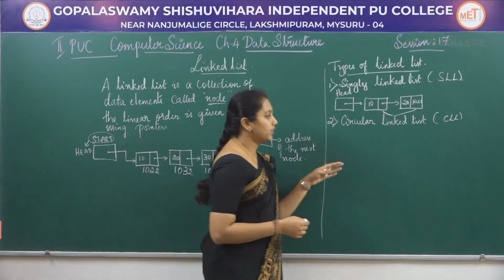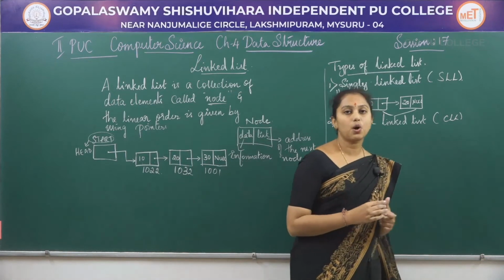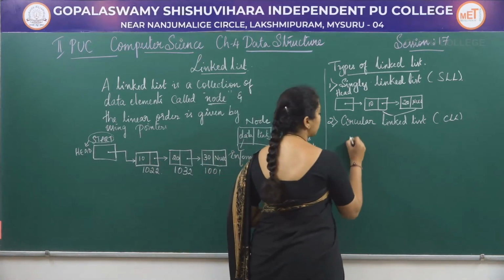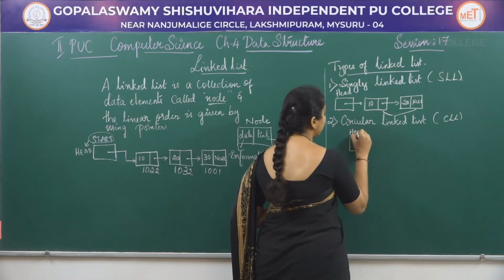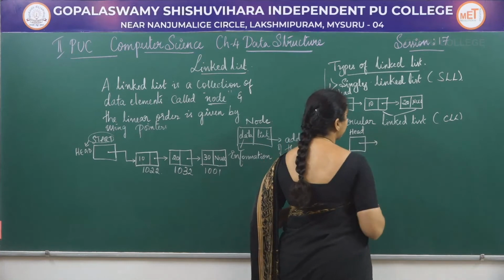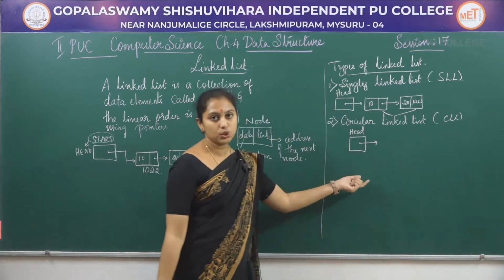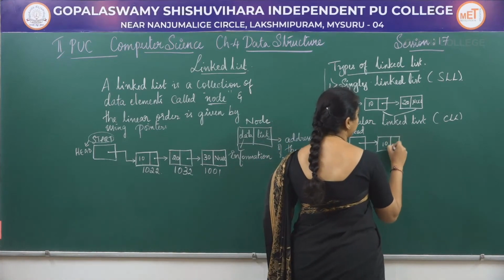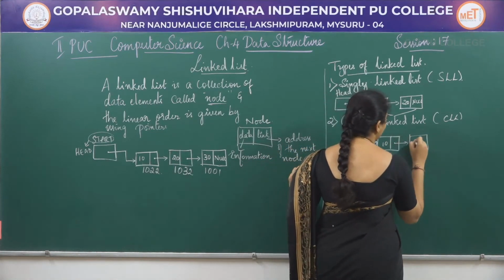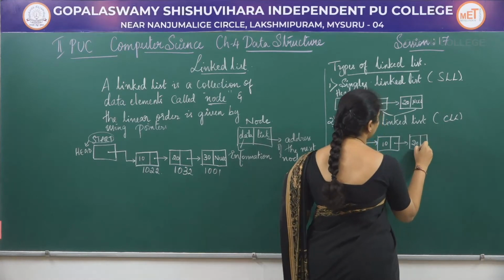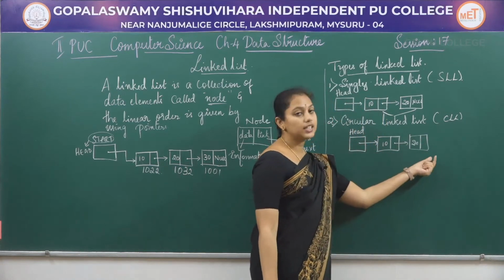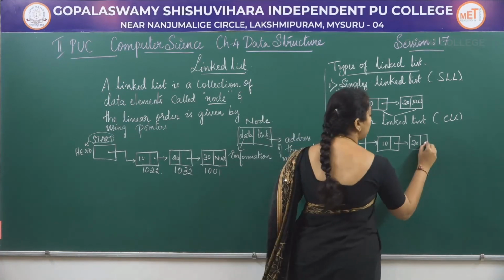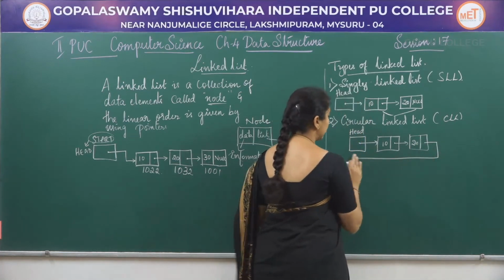To avoid that, we use a concept called circular linked list. First it contains the head pointer, which contains the address of the first node. The first node contains the address of the second node, and the last node does not contain null in the link field because it is referring to the first node of the linked list.